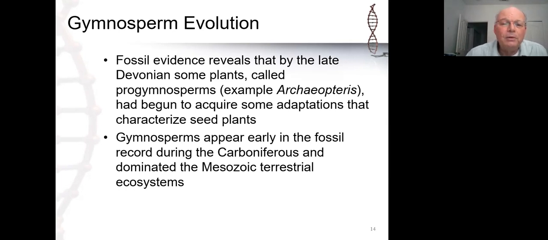One of the reasons why people have the impression that large conifers and large gymnosperms truly dominated the landscape of the Jurassic is because of Jurassic Park.